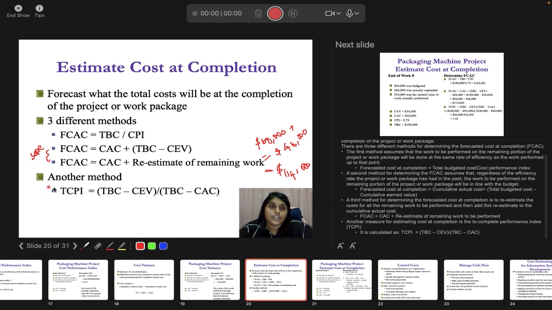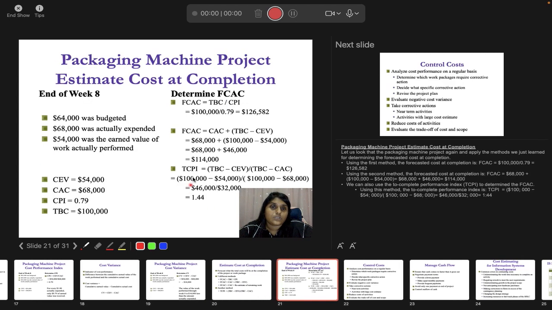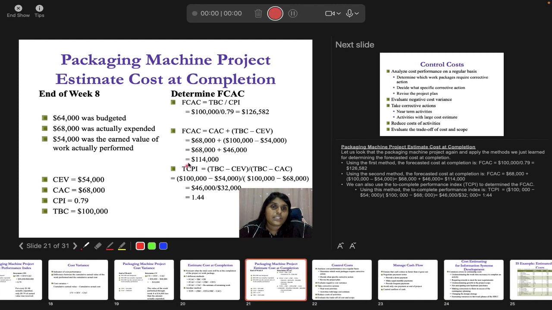So you start with your to-complete performance index, TCPI equals TBC minus CEV divided by TBC minus CAC. So here you will try to find your TCPI by minusing TBC with CEV, and then you divide by TBC minus CAC. So you will have your to-complete performance index as 1.44.